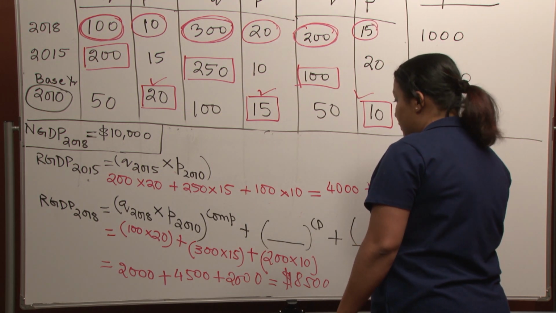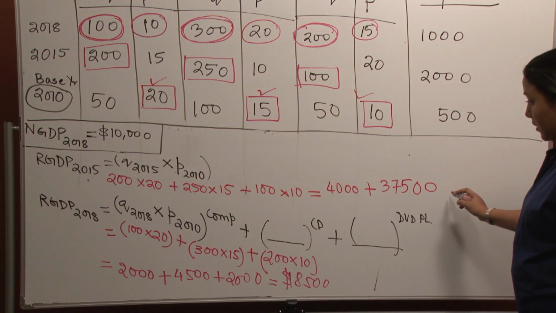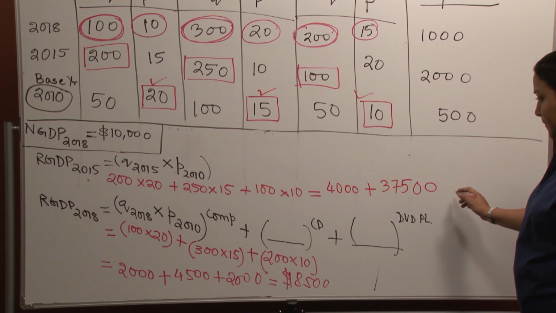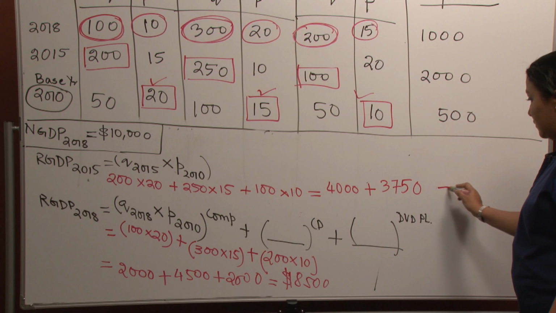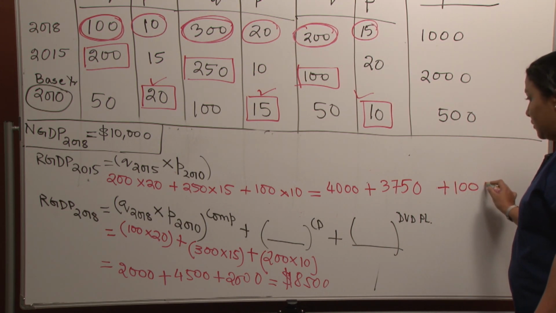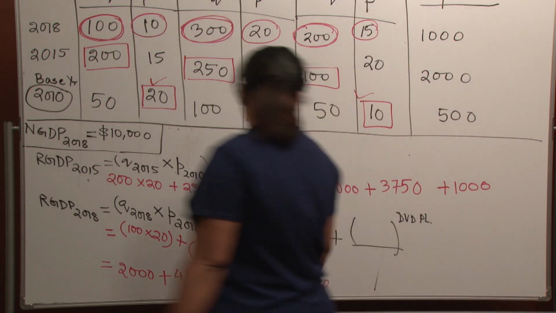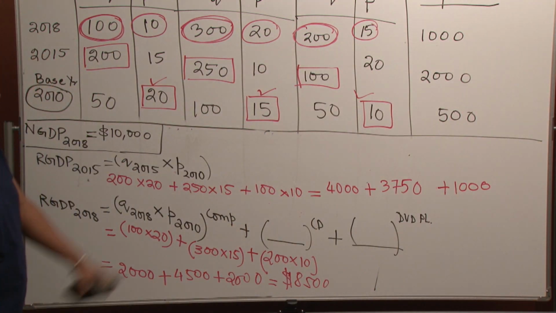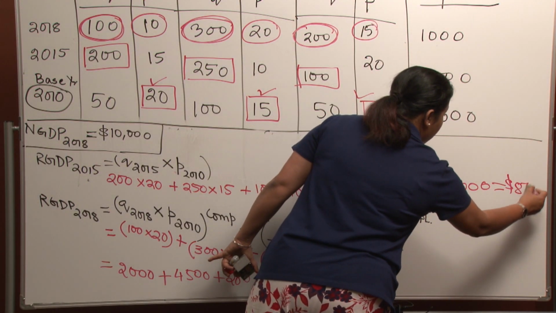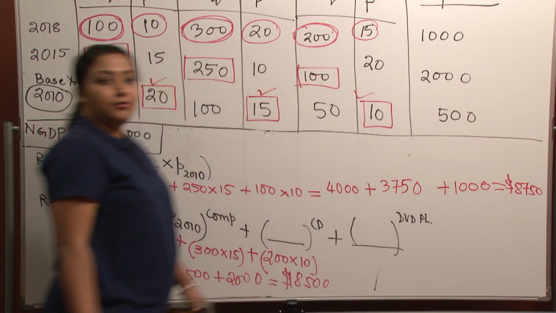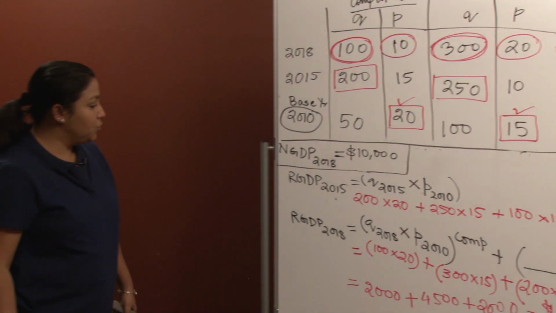I hope my numbers are correct, plus 1000. Okay. Now, if you add them up, then we are getting 8750. Okay. So, you can see how you can work with these numbers.